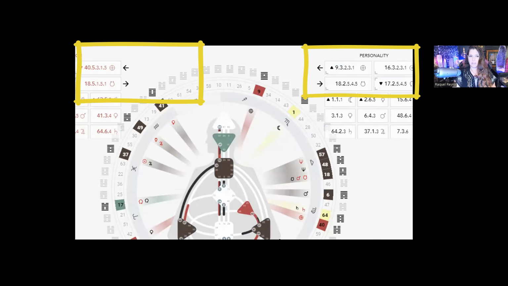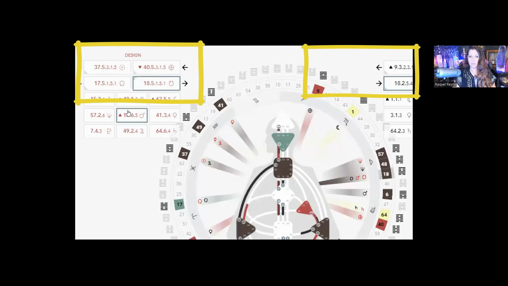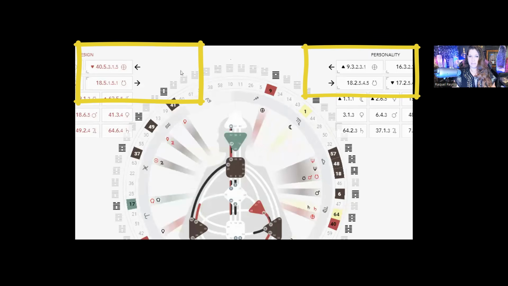Then you come over here to the design side, which is all of the gates in red. This is the subconscious, and that's design. And the way they usually explain this is D, and then this first arrow L, and the second arrow R. So this would be DLR. So that's how you can find your variable.